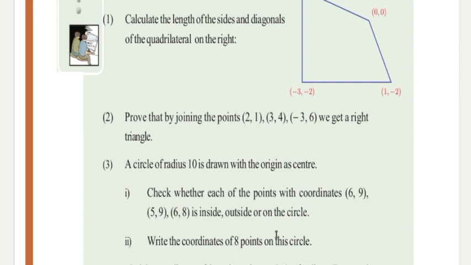In this chapter we discussed only 3 things. First is the coordinate plane, that is the xy plane, and how to plot points on the xy plane. Second, if we get the coordinates of two opposite vertices of a rectangle, we can find all the vertices of that rectangle. And third is the distance between points on a plane.